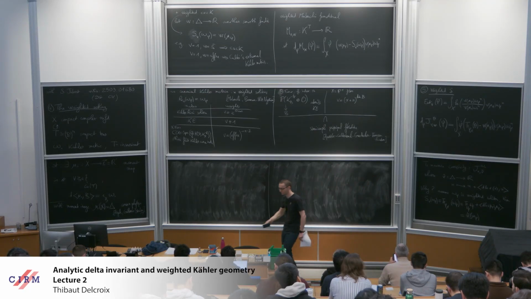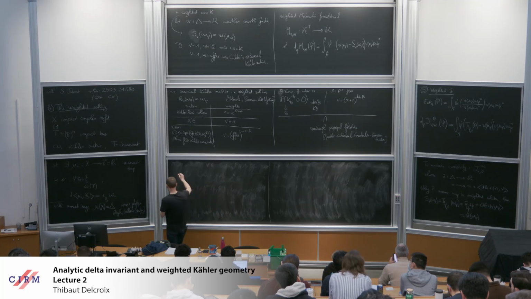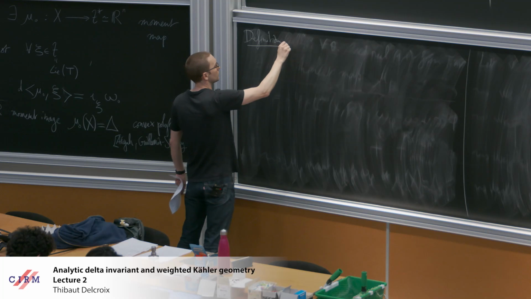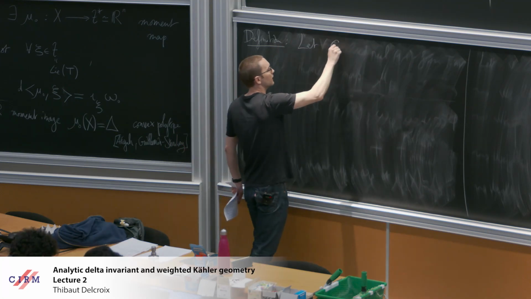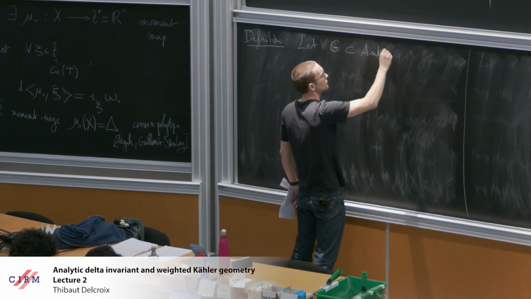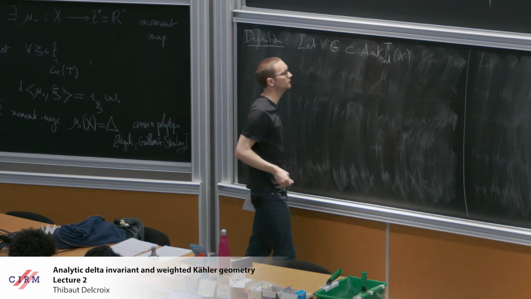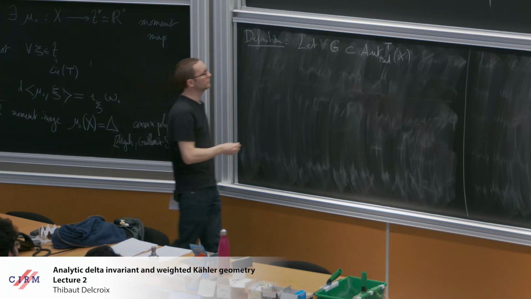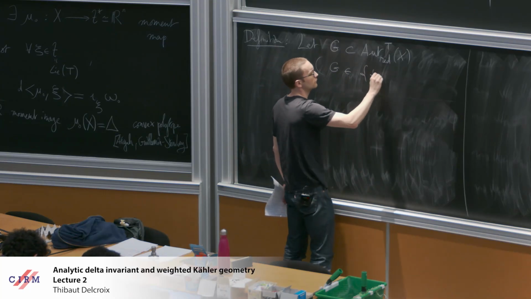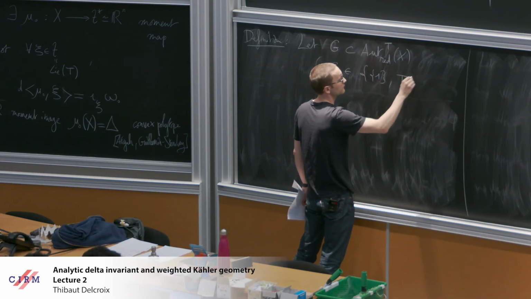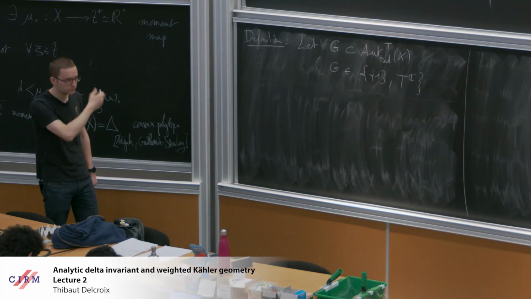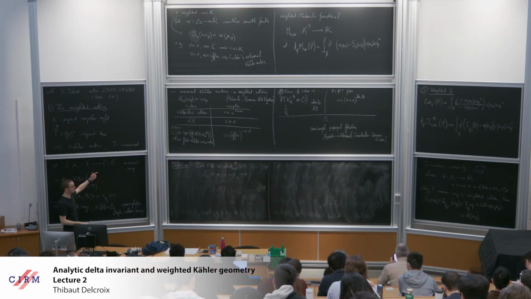Okay, so now the definition of the delta. I fix a subgroup of the reduced automorphism group that commutes with T, but it is not so important what it is. Actually, I will take only the trivial group or the complexified torus, which acts on X. With this assumption, I can complexify the action.